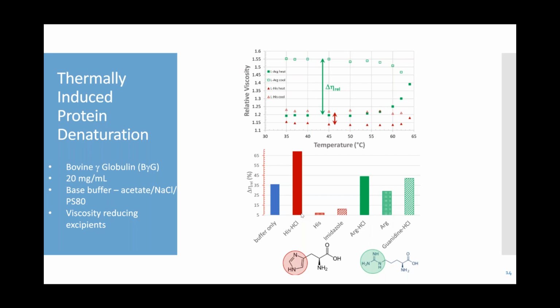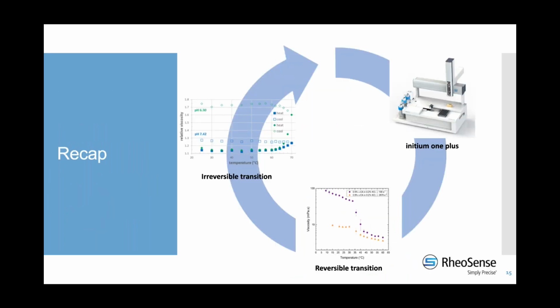So with that, I'll quickly recap and say that using our particular technology, the VROC technology, specifically with the automated Initium 1+, we can easily handle the broad range of temperatures that you need to look at these thermal phase transitions without any concerns of any interface interfering with your measurement.